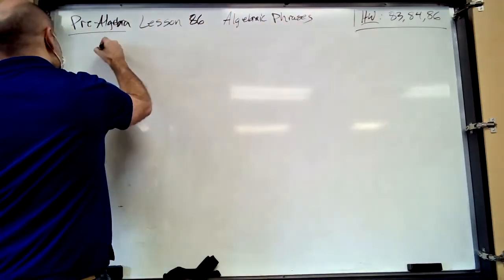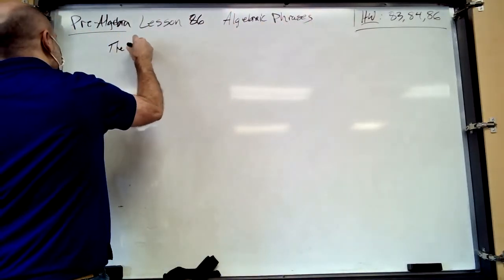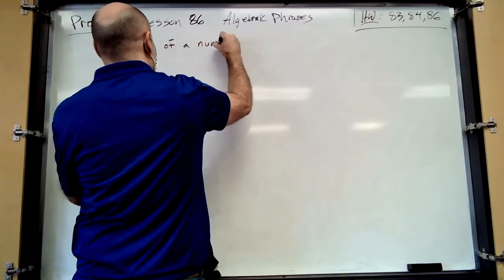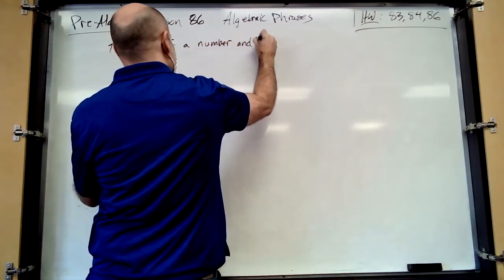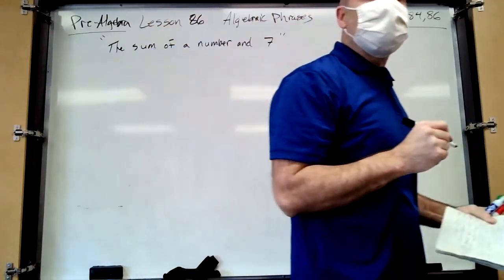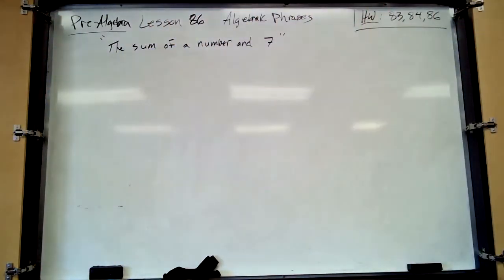So I'm going to say the sum of a number and 7. I'm not going to put a period because it's not a sentence, right? How do you say the sum? What does sum mean? The answer to what kind of problem?